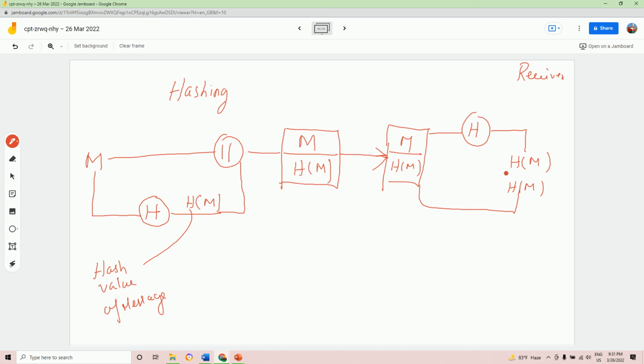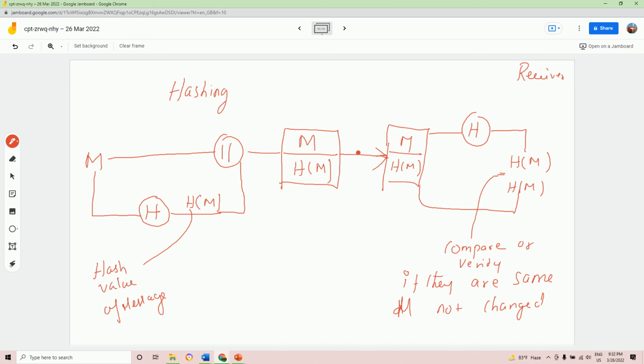Now you just compare, or verify. If they are the same, the data message is not changed.